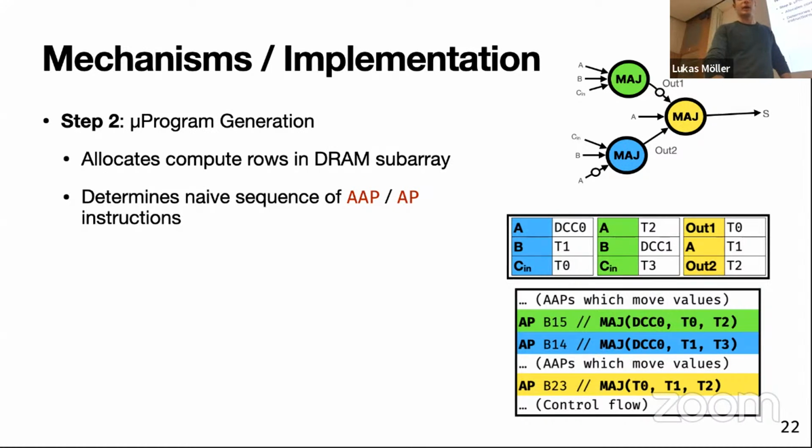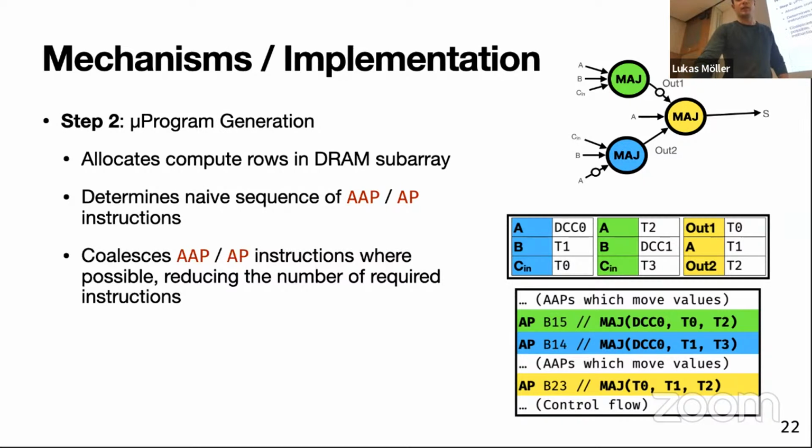Following from that, now that we have the allocation to the rows, we can generate a naive sequence of activate precharge and activate precharge instructions. AP is here signaling that we want a triple row activation at a certain row.